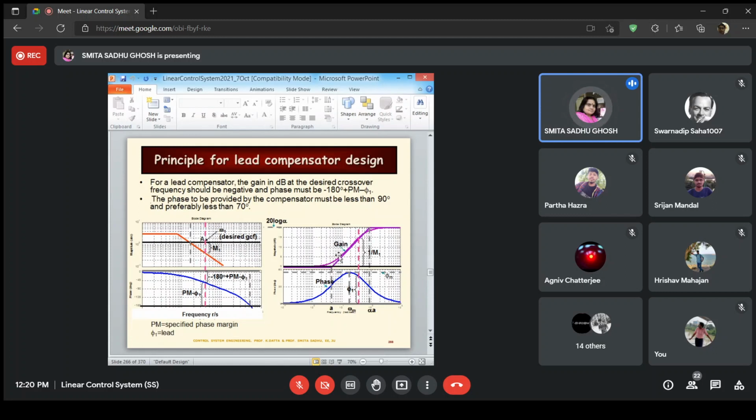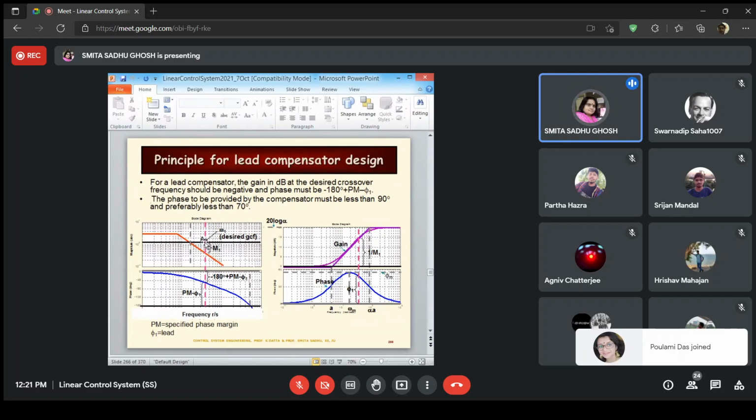From the compensator, if I place it such that I get some additional value, say M1 is the contribution that I want from my compensator, M1 decibels, at omega 1, then this minus M1 and the plus M1 together make my magnitude value equal to 0 decibels ultimately.